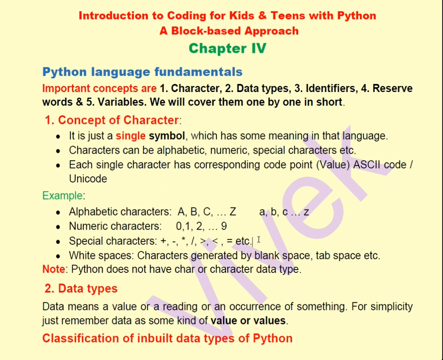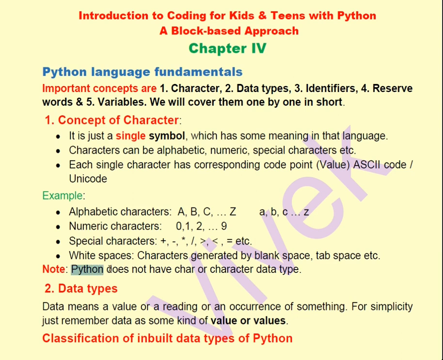So the symbols which we see on the keyboard such as plus, minus, star, slash, greater than, less than, equal to, these are referred to as special characters. Apart from them, we have white space characters. White space characters are generated by blank space, that means when you press the space bar on the keyboard, tab space, etc.